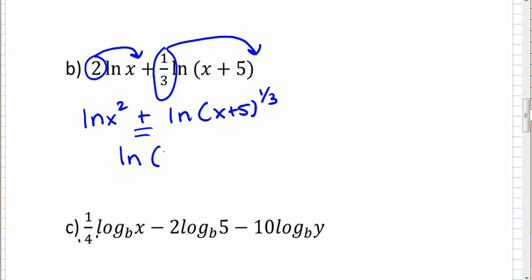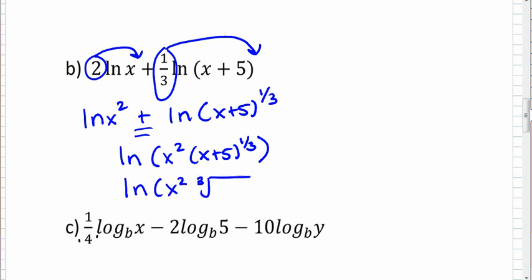So we have the ln of x squared times x plus 5 to the 1/3. And then notice, because it's the 1/3 power, the fractional exponent will change it to a radical. So as a radical, it's the cube root of x plus 5. And there you go.